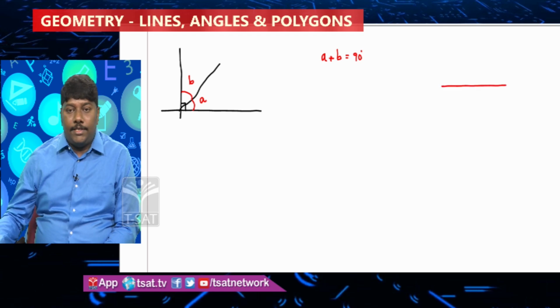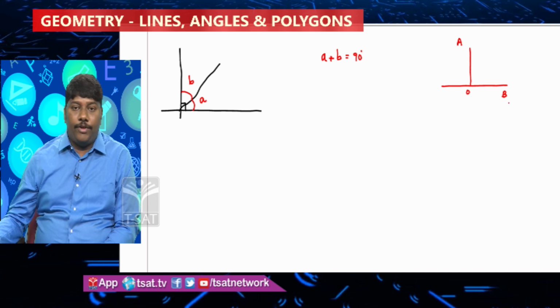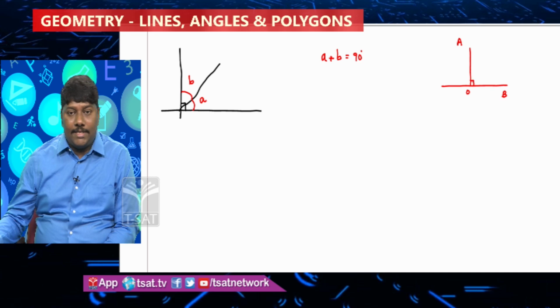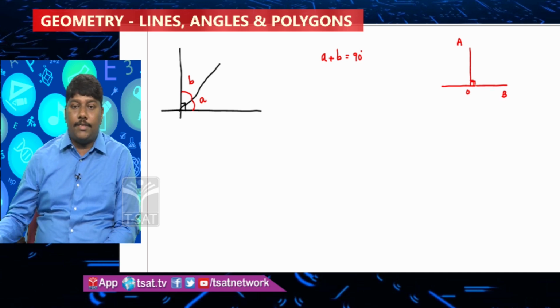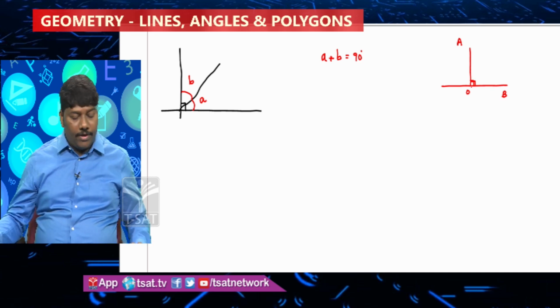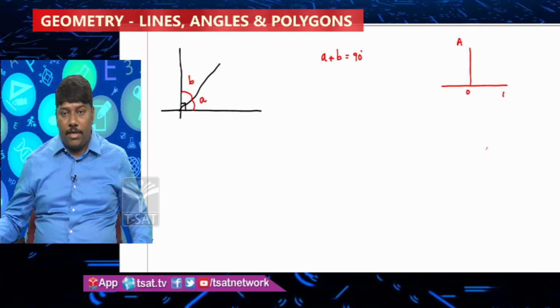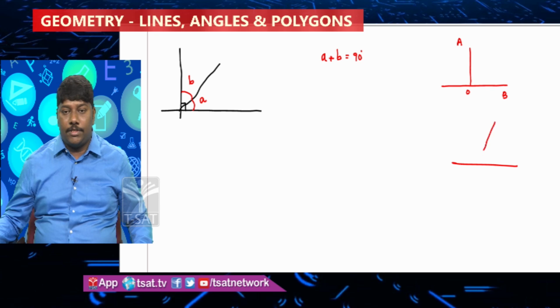Even if I exactly draw 90 degrees, suppose this is given in the exam, angle AOB. What is angle AOB? If I ask you, we don't know what is angle AOB because the symbol is not given. Unless the symbol is given, you can't take it as 90 degrees, even though it looks exactly perpendicular. Conversely, if it does not look exactly perpendicular but a symbol like this is given, it means 90 degrees.